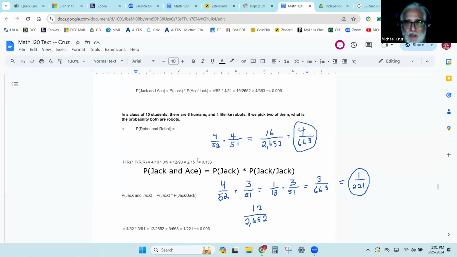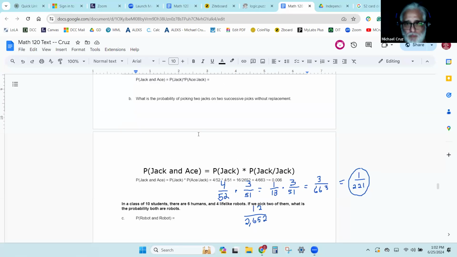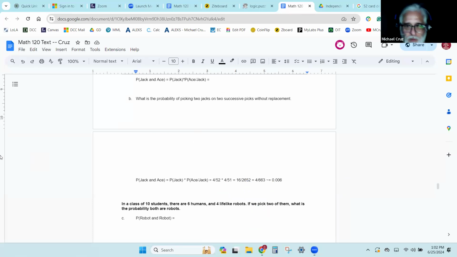In a class of 10 students, there are 6 humans and 4 lifelike robots. If we pick 2 of them, what is the probability that both are robots? All right.